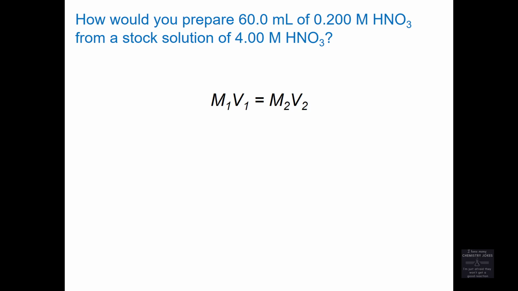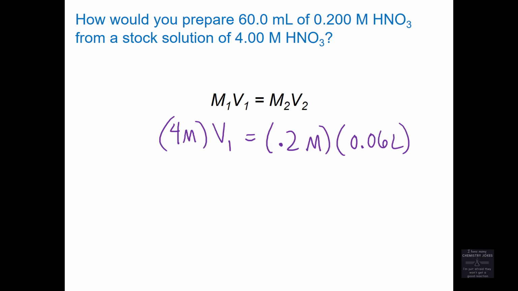So we can say if I start with a 4 molar solution, what volume of that am I going to need to make a 0.2 molar solution? That's 60 milliliters, and I can do 0.06 liters there. Solve that for V1. It doesn't matter if you had set it up to solve for V2, as long as the 0.2 and 0.06 go together.